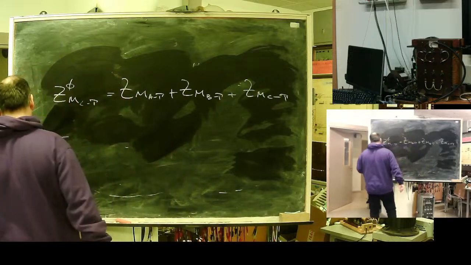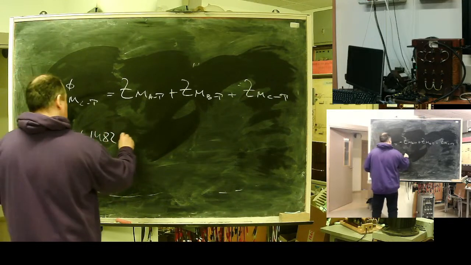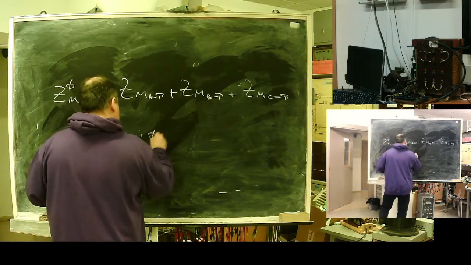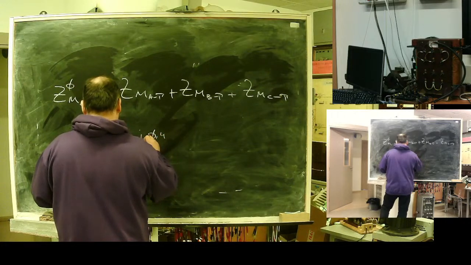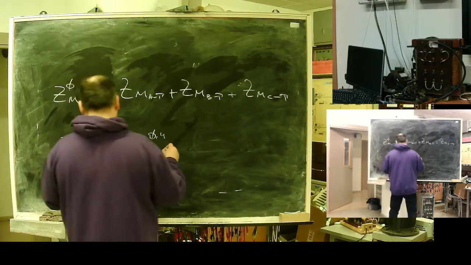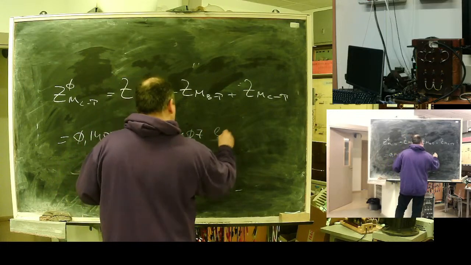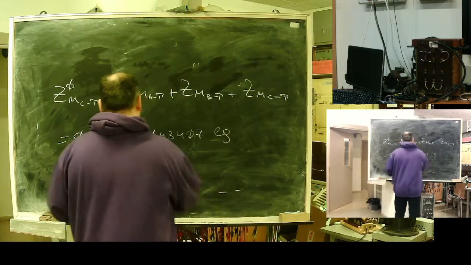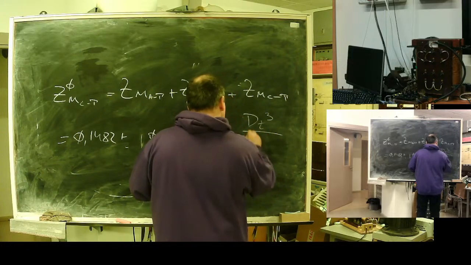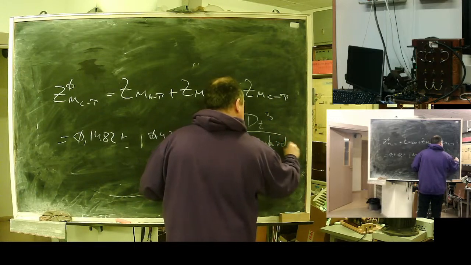This will give me something like 0.1482 plus should be 0.4. Anyway, it's all imaginary. The 3.7, that's the logarithm. No, it should be D_A, D_B, D_C, cross.